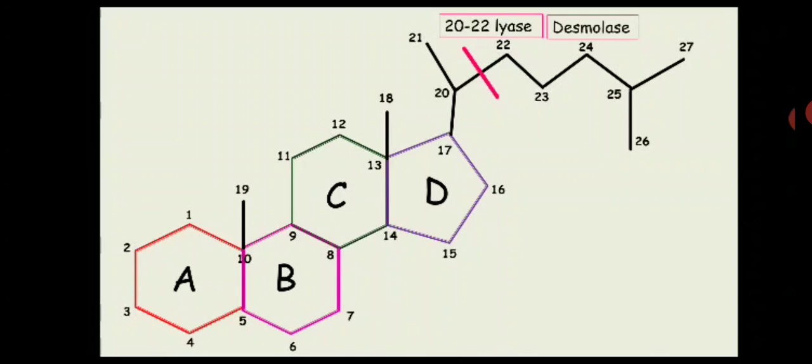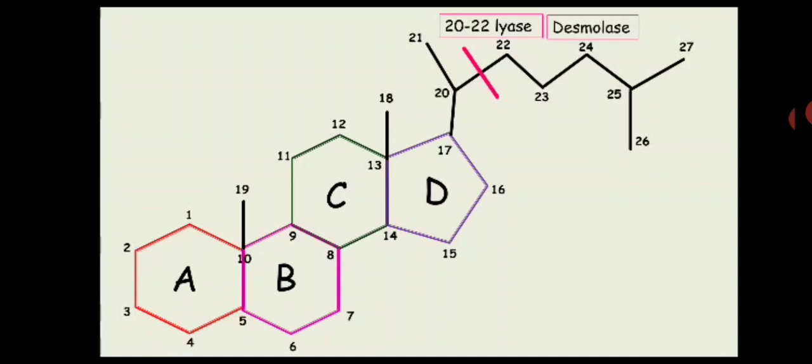Now if you cut this molecule, the cholesterol that is 27 carbons becomes a molecule of 21 carbons. That 21 carbon molecule is known as pregnenolone. So to make pregnenolone from cholesterol, we just lyse the bond between the 20 and 22 carbon.